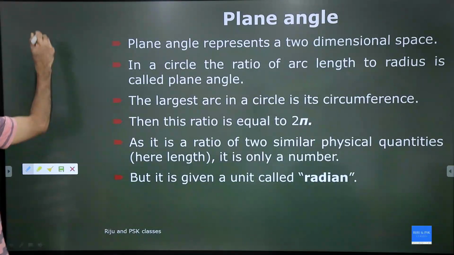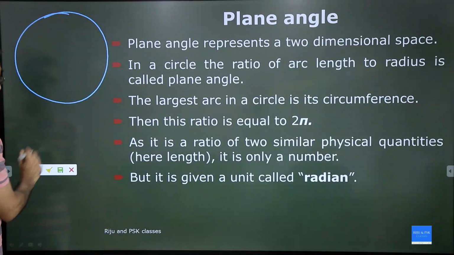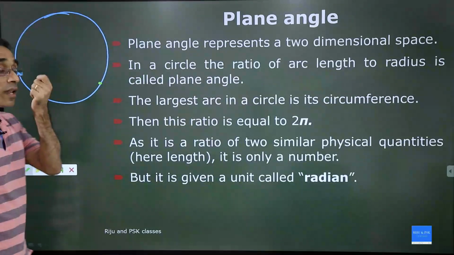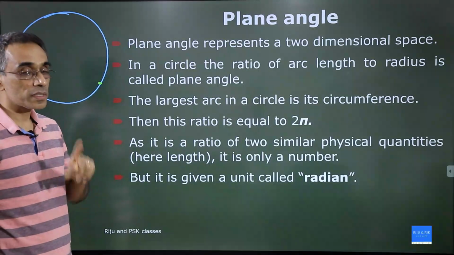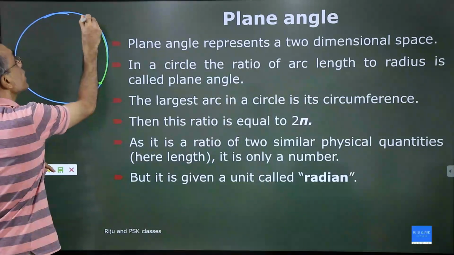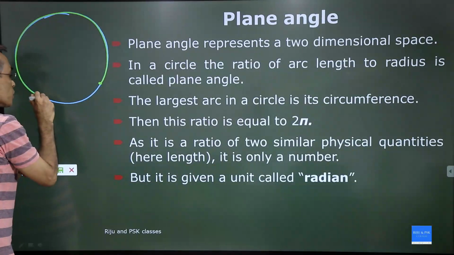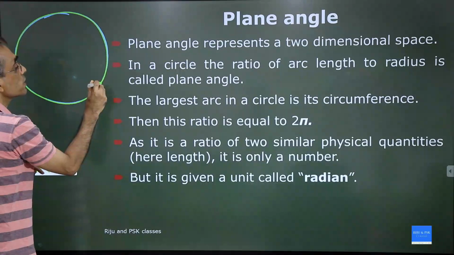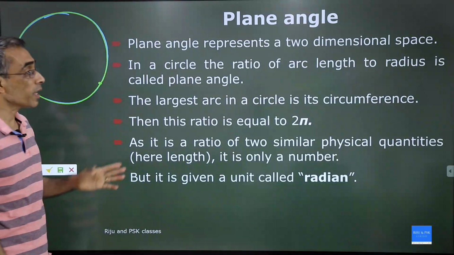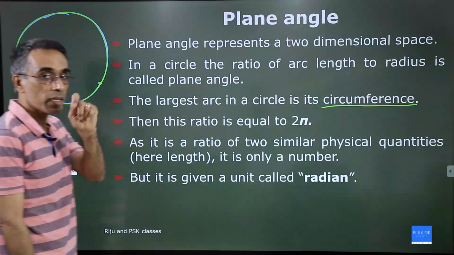Now listen. If I draw a circle here, and I start from here, which is the largest arc I can draw? Let me go from here. This is the largest arc I can draw, and that is nothing but the circumference. The largest arc is the circumference.